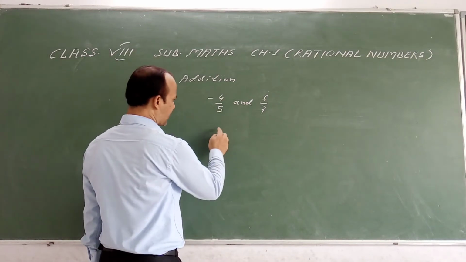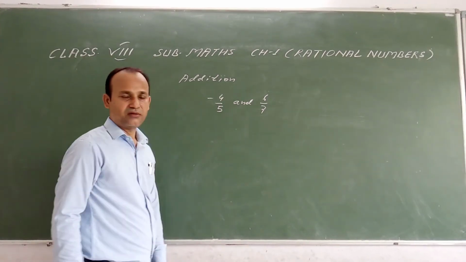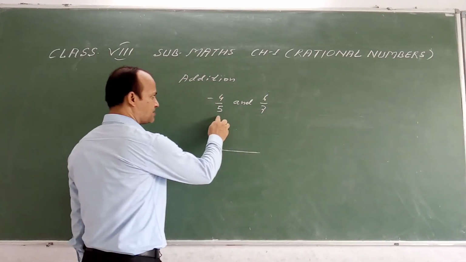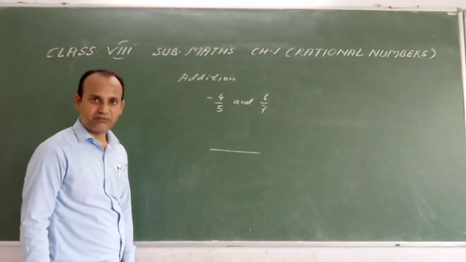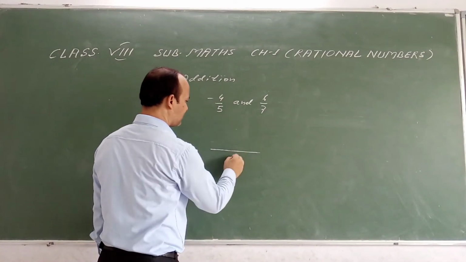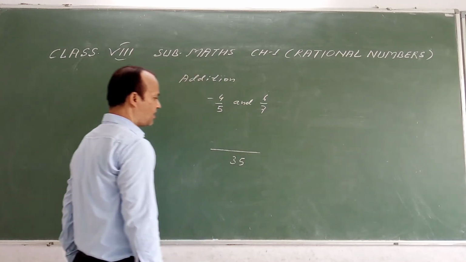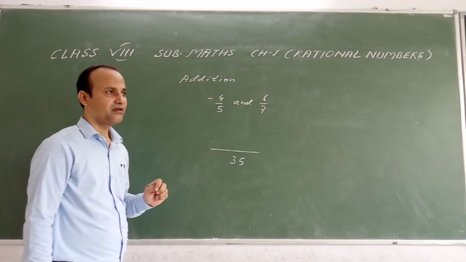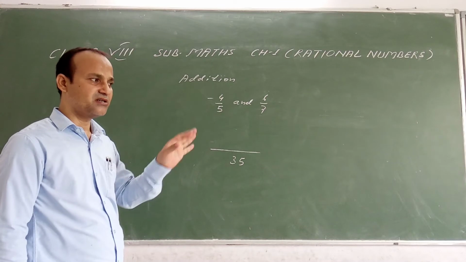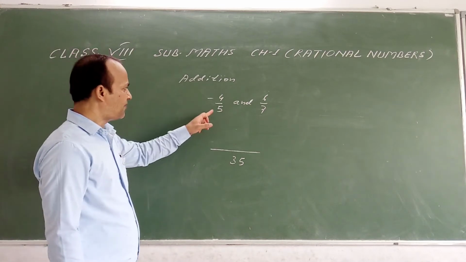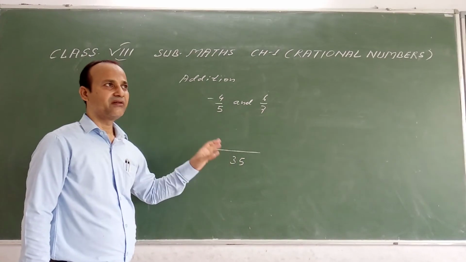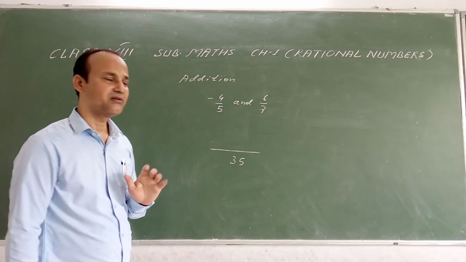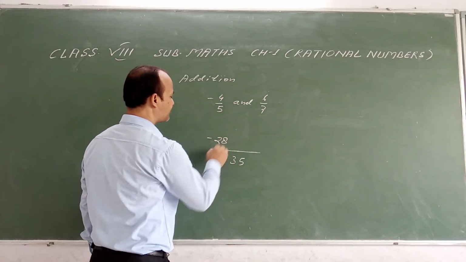First, take the denominators equal, draw a line, take LCM of 5 and 7, which will be 35. Now 35 when divided by 5, it will give 7, which is the result 7. 7 multiplied by minus 4, that will give minus 28.